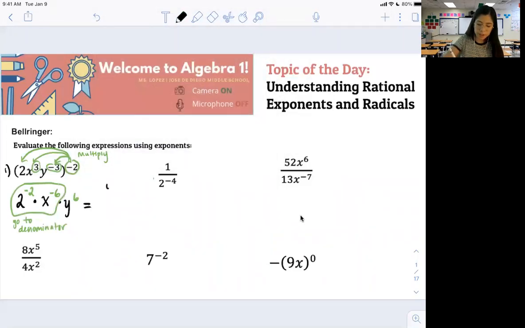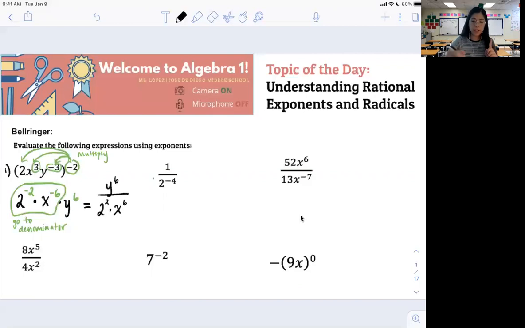So now I have y to the power of 6 over 2 to the power of 2 and x to the power of 6. Remember that once it goes down to the denominator, those exponents can now be positive. You've eliminated that negative sign.